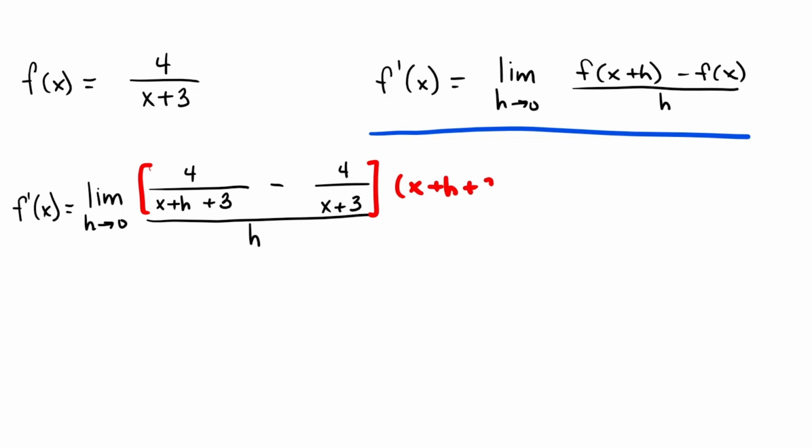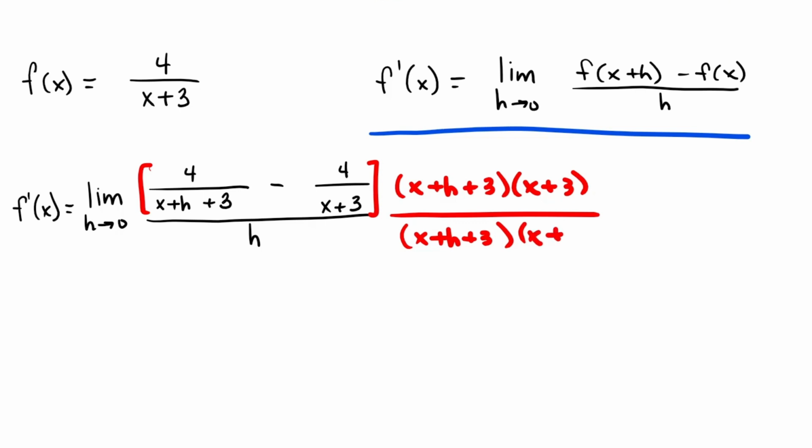So it's x plus h plus 3 times x plus 3 upstairs. And remember, we have to also multiply in the denominator because we want to make sure that we're multiplying by 1 at all times, because we don't want to alter the expression, or alter its value rather. We change the look but not the actual value.